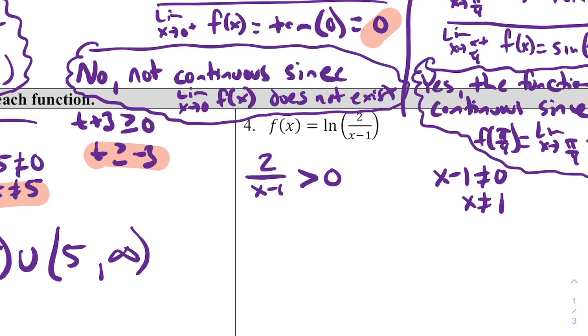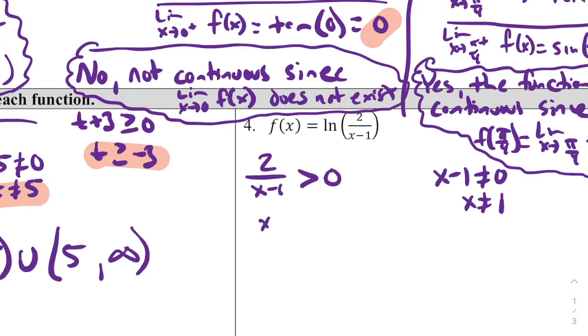How would we evaluate this? Well, we know that if this is going to be greater than 0, since this is positive in the top, we're looking for things in the denominator that are going to be positive, right? Because a positive divided by a positive would be a positive.